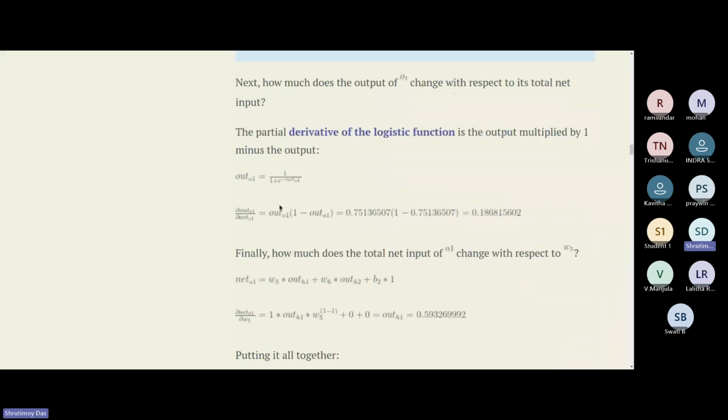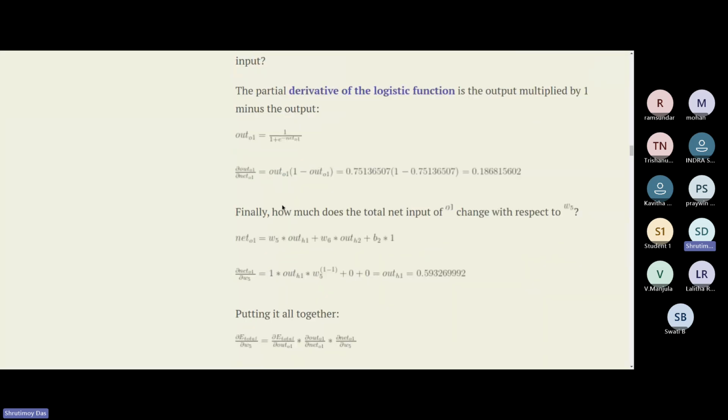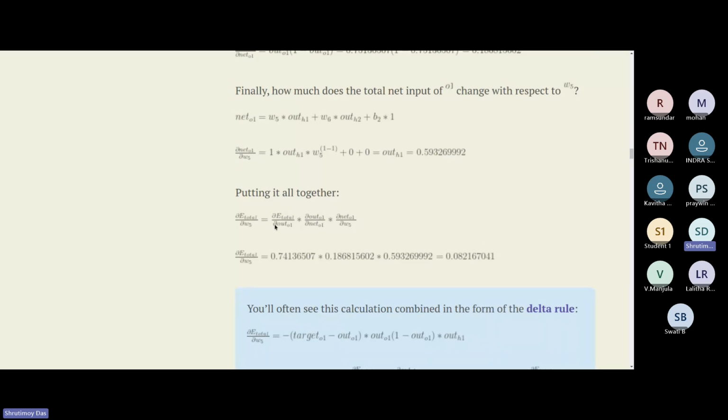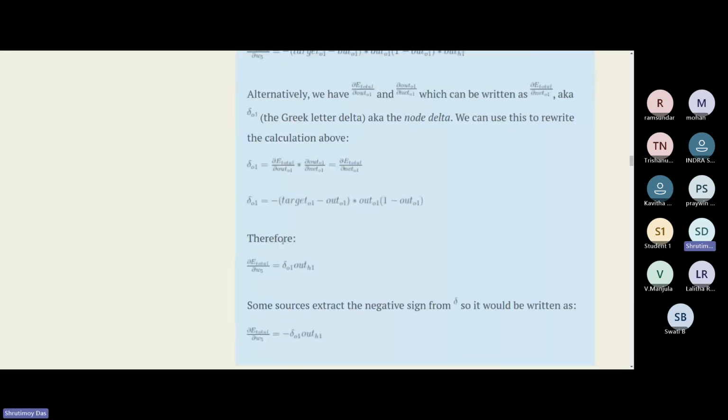For each activation function there will be a specific derivative that you require. Once you have all of this, you put it together. Here they have just shown it for W5. You put all of this together in a big vector. The vector will be of size 10 because you have 10 parameters.